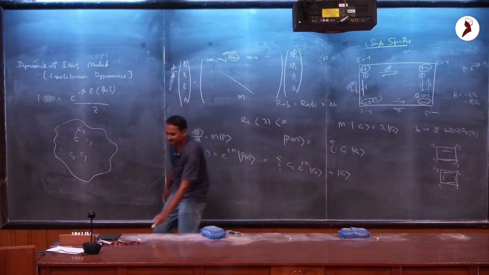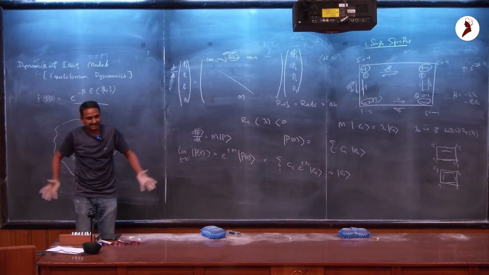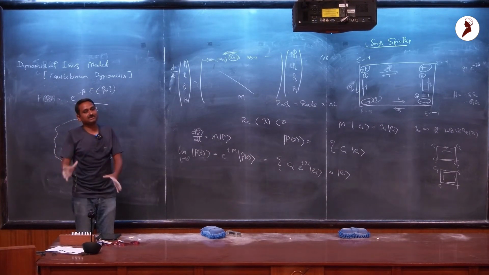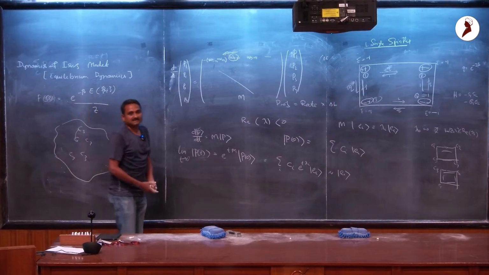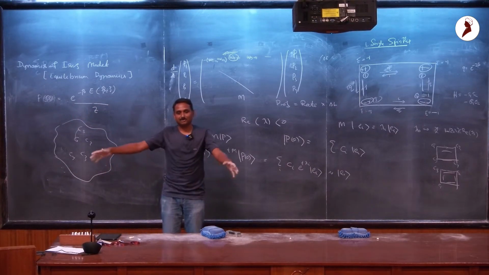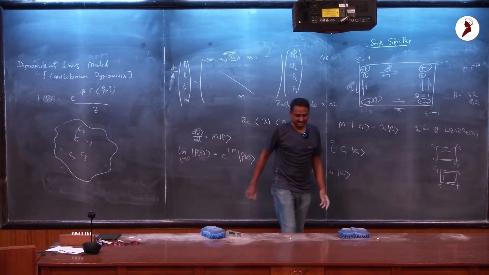More we can discuss in the tutorial. So if the matrix is irreducible, which means everything is connected to everything, then the system has only one unique stationary state. Otherwise you can have multiple ones, but those are odd problems. And what I have not proven is why the other eigenvalues are negative.